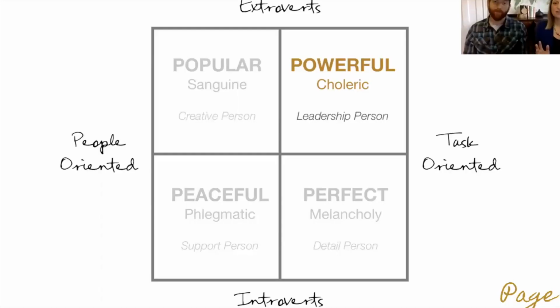So the third one is the powerful choleric. That is me. So we are extroverted, we are task-oriented, and we tend to like to be in leadership positions. Surprise, surprise. But we focus on liking to direct things and control things.